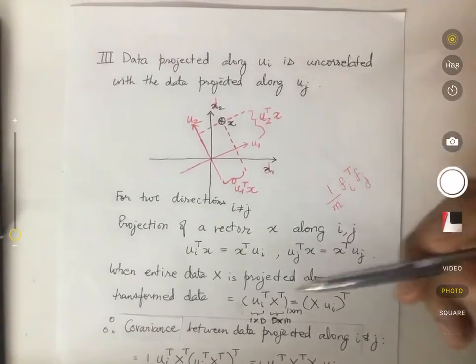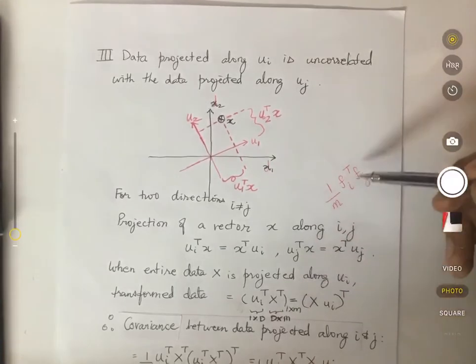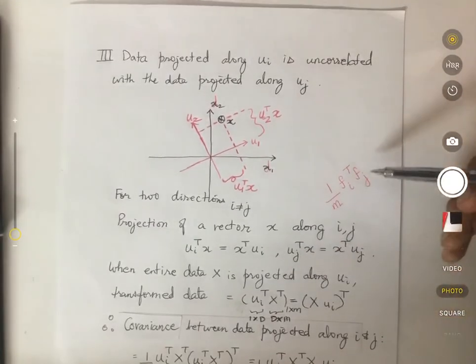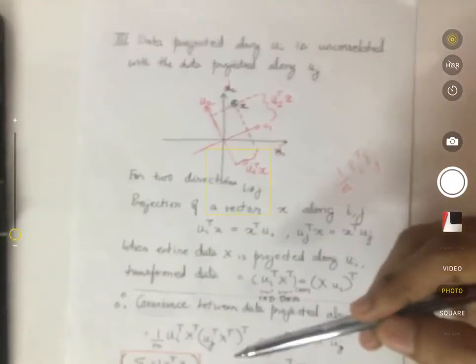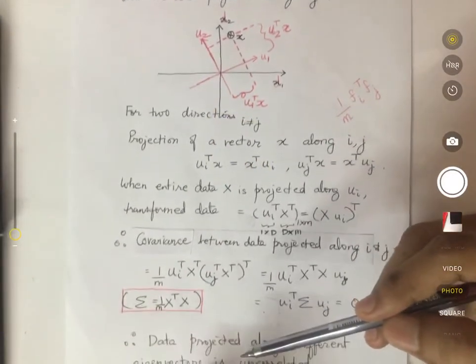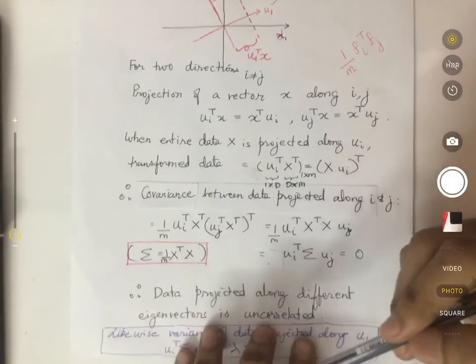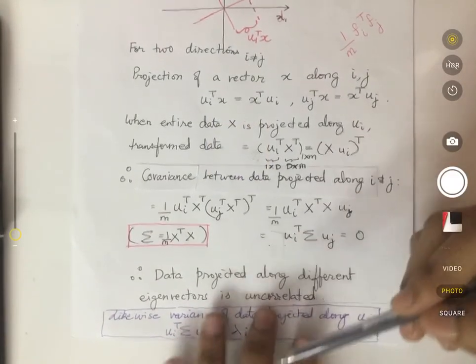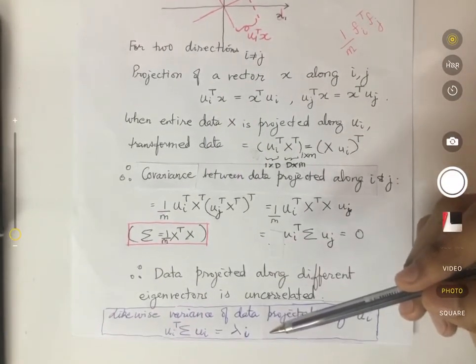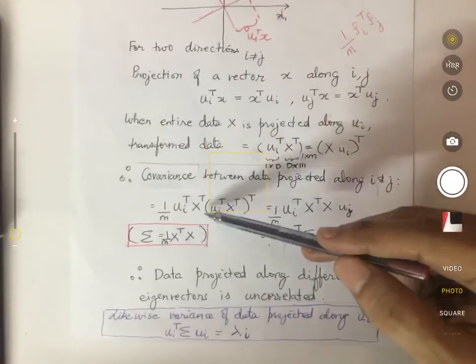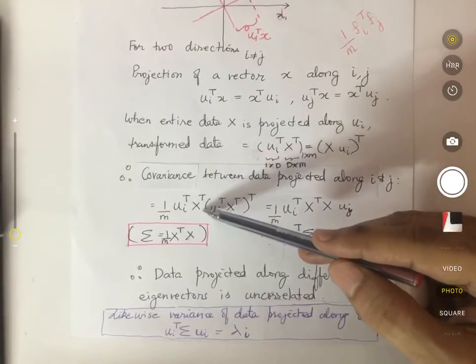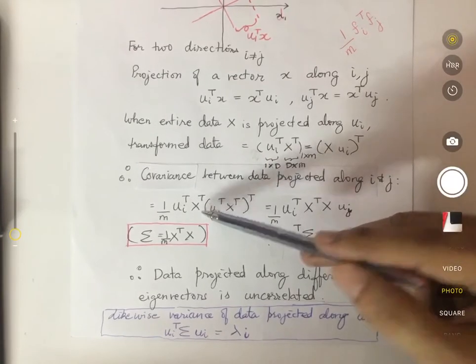So now this is a row vector, and this is your projections along ui represented as a row vector.